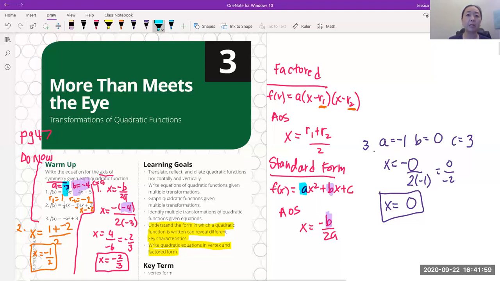And then same thing for number 2. If you need to look in your book, because it's a little bit messy, there are 2 parentheses there. So that's a really good indication that that is going to be in factored form. The other thing that you need to notice, we do need to know the roots for this one. So it is just going to be 1 and -2. And how do we get -2 out of this?